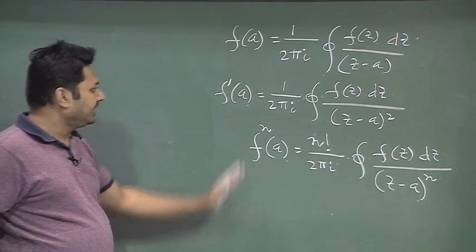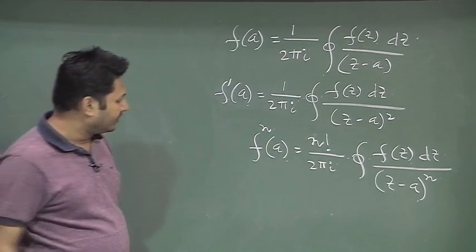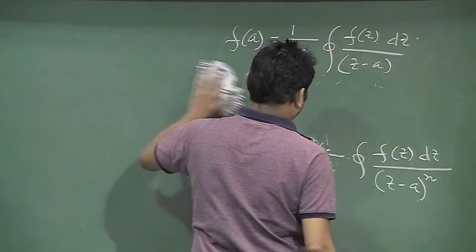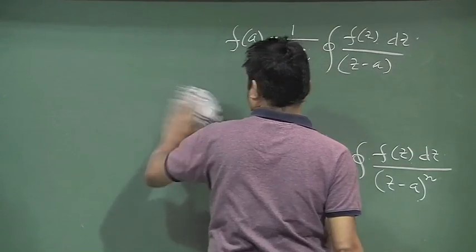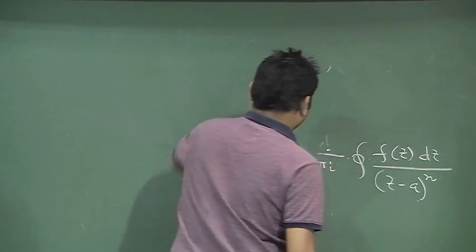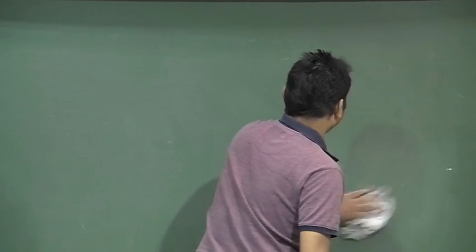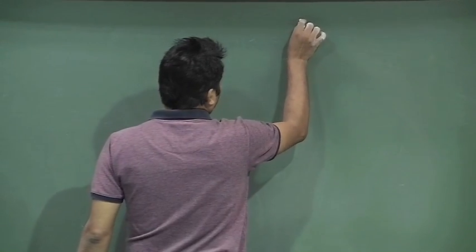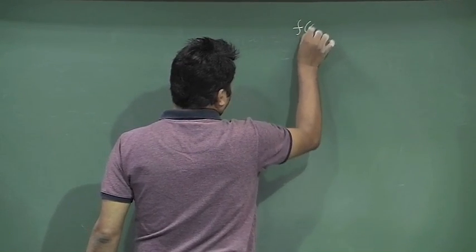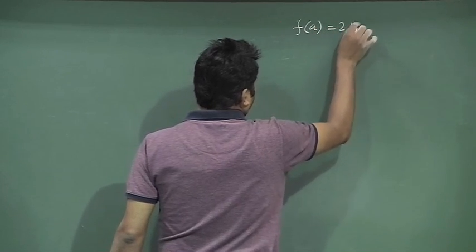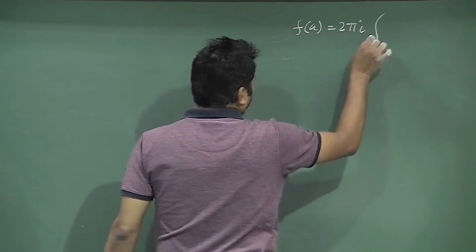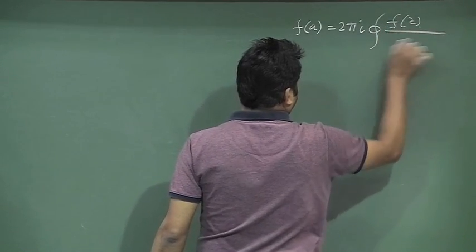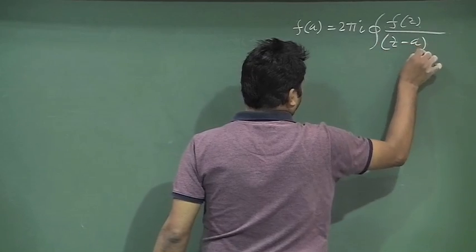So, after having the expressions in our hand, let me write them somewhere here for my convenience and then start doing the problem. So, f of a is 1 by 2 pi I total integration f z divided by z minus a dz.